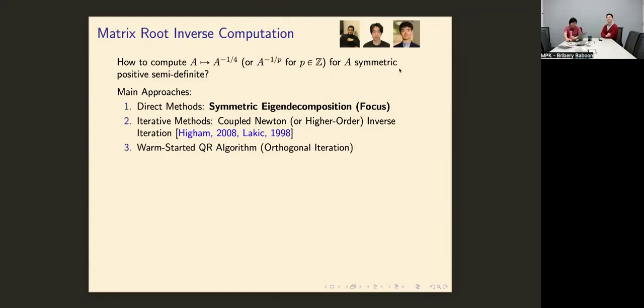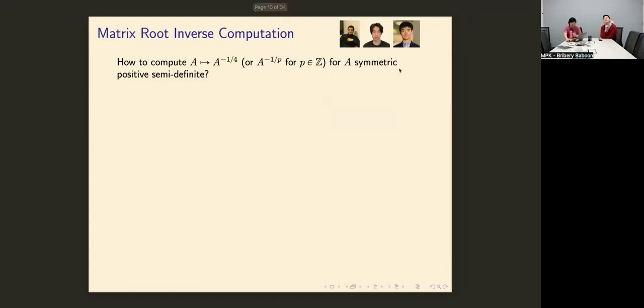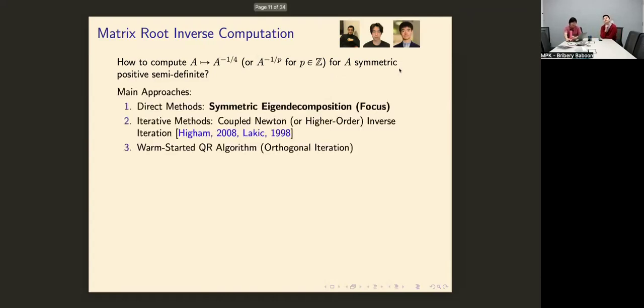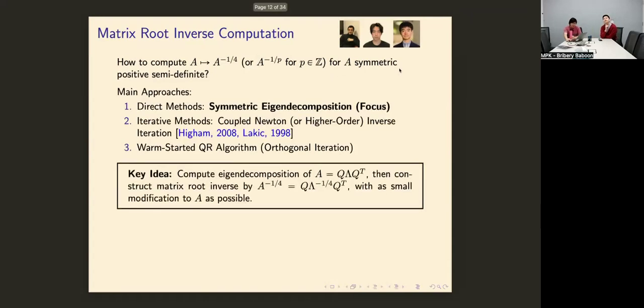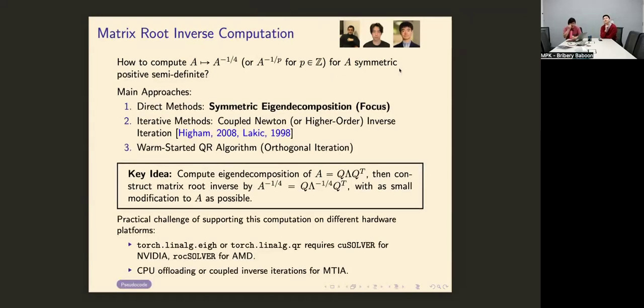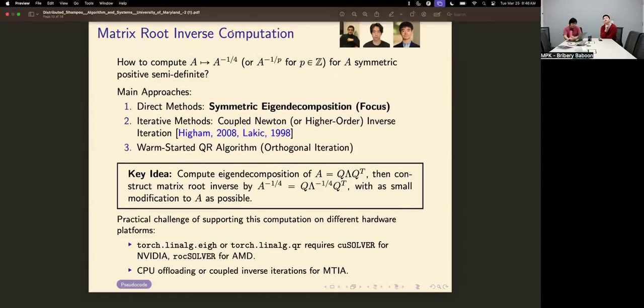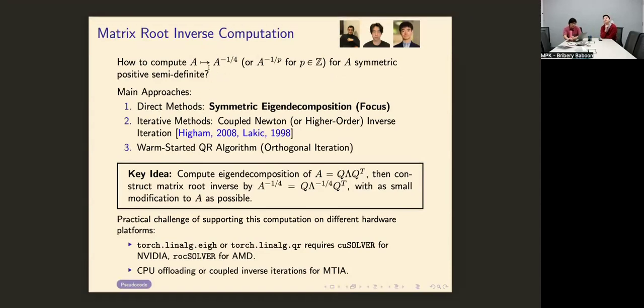But one has to also worry, of course, about this matrix root inverse computation. Without going into too much detail, what we have to worry about here is how do I actually compute this matrix inverse root of A, a symmetric positive semi-definite matrix?